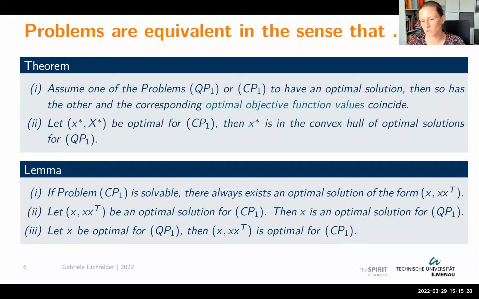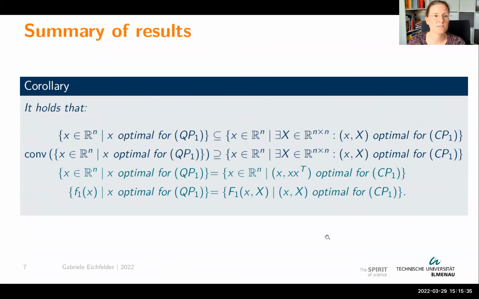So you can go over to a linear problem over the cone of completely positive matrices. Here is a corollary which collects all the results which are known about the relation of these two problems. As I've said, when you have an optimal solution of your original problem, you can find all these optimal solutions as part of an optimal solution of your relaxed problem. So there exists such a matrix X such that the pair is optimal for your relaxed problem.